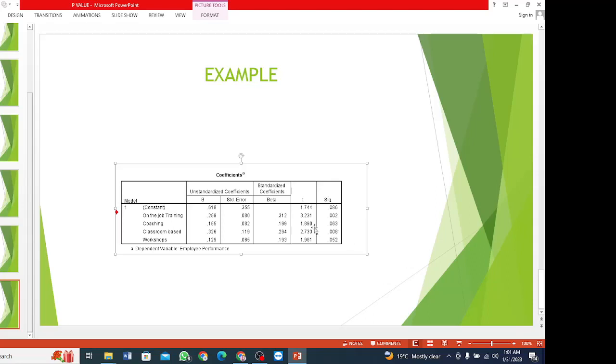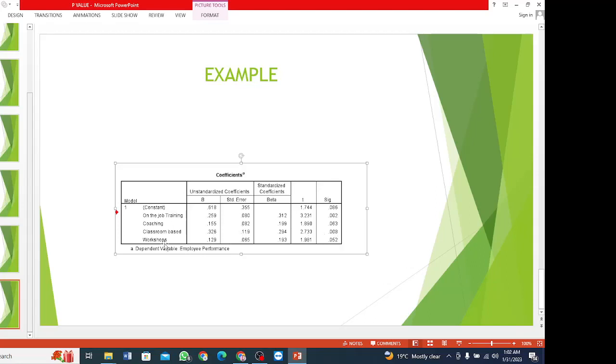Therefore, we interpret it as we did for on-the-job training, that classroom-based training has a statistically significant relationship with employee performance. And also, if we combine this with the regression coefficient value, we will say that the effect of classroom-based training on employee performance is positive and statistically significant.